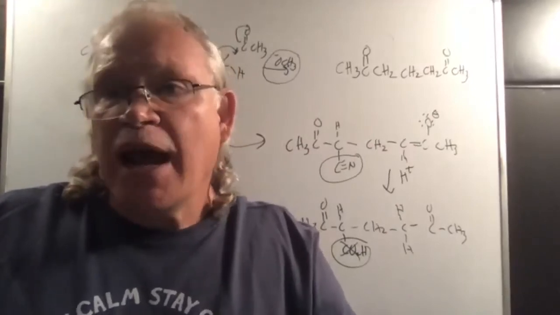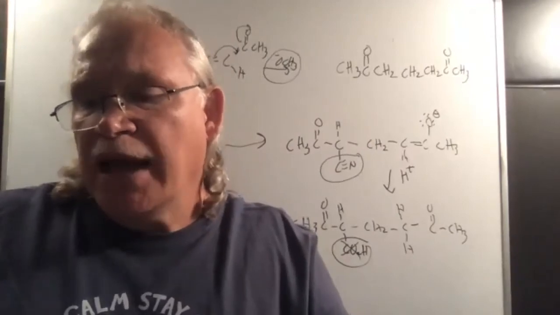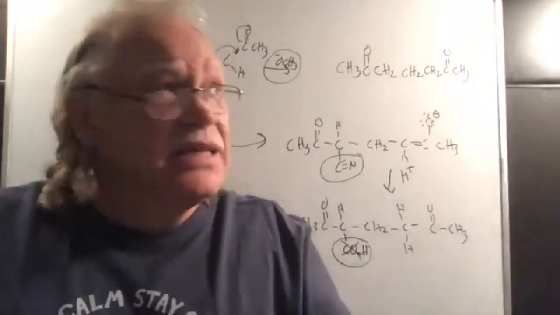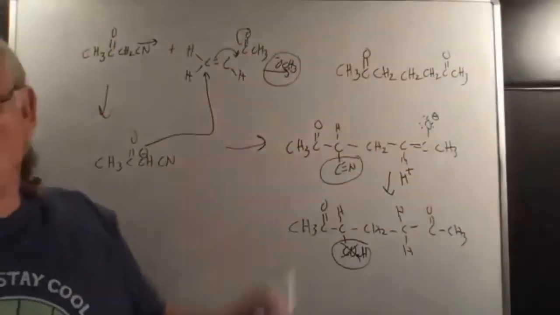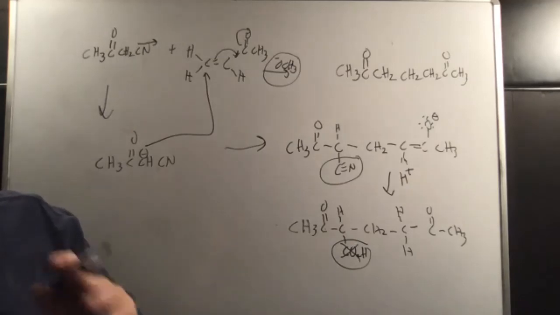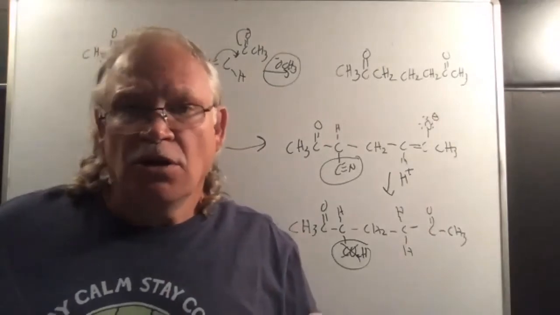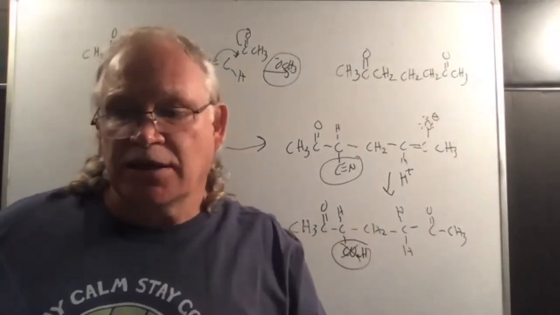Now, the last reaction we're going to cover in this section is called the Robinson annulation. This is the same kind of reaction that we see here, but it's in a ring. And the reason this reaction is important is it allows us to make multi-ring systems.